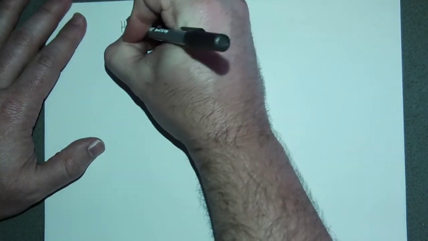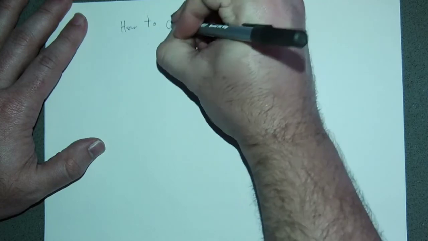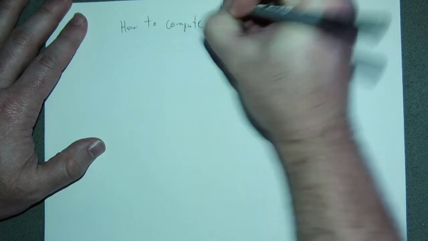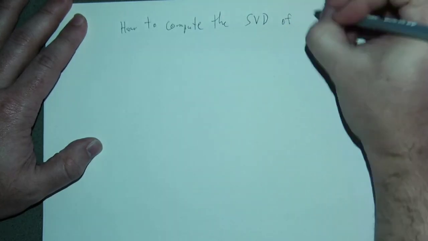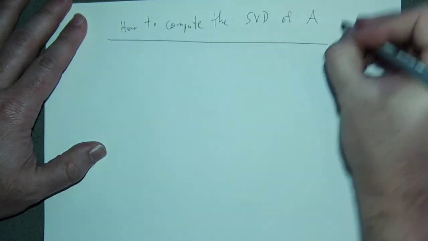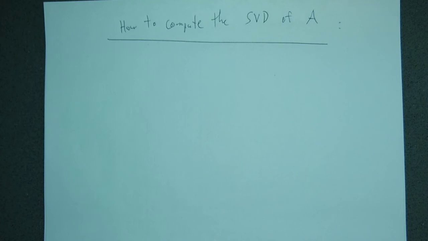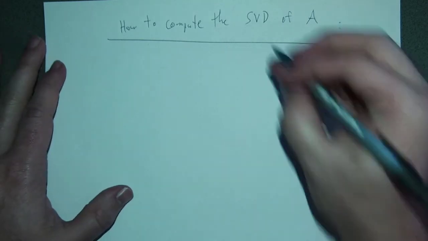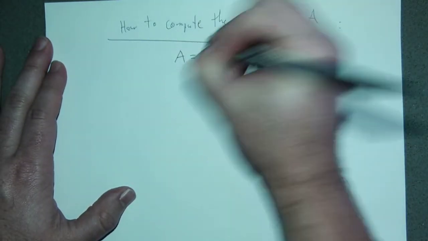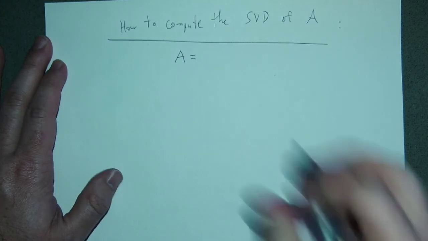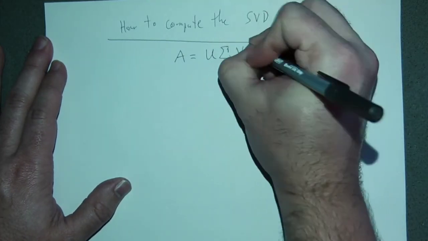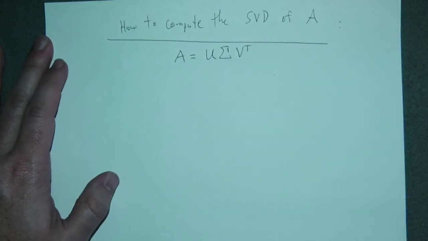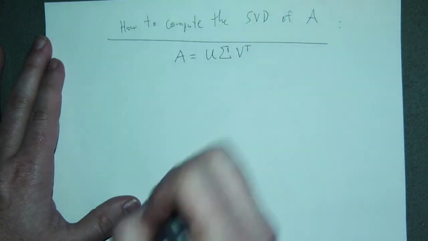So how to compute the singular value decomposition of A. Remember, what we're looking for is a factorization of A as a product of matrices U, sigma, V transpose. Okay, so here's how we do it.